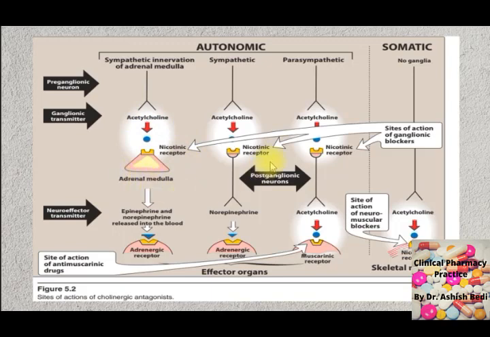So in the case of parasympathetic also, nicotinic receptors are activated by acetylcholine. So we can directly say that the nicotinic receptor comes under the parasympathetic system. But in the sympathetic system, we see that acetylcholine also activates the sympathetic ganglionic nicotinic receptor. So for this reason, we have to check which receptor activates these.